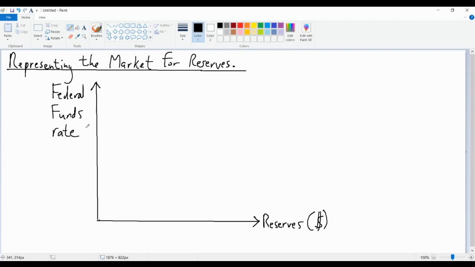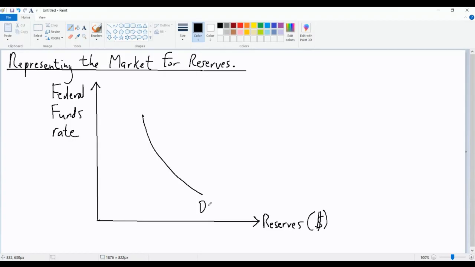And presumably they will want more of them if they're cheaper and fewer of them if they're expensive. And so we just get a downward sloping demand curve. Let's call it D.